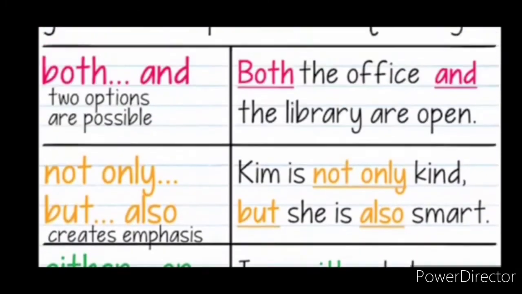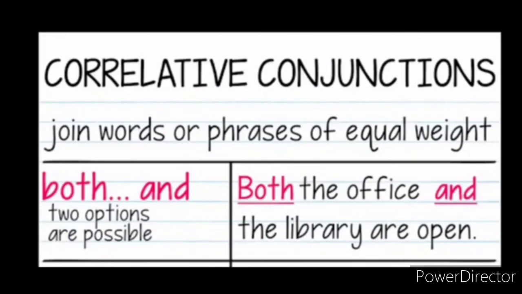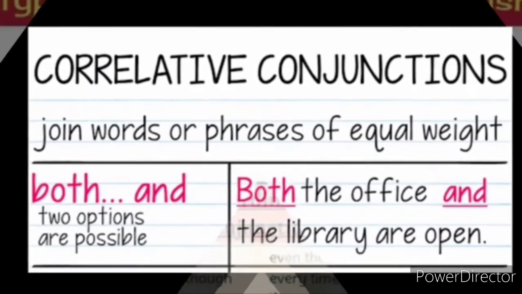Likewise, we have to use the remaining correlative conjunctions also in a sentence, to join sentences, words or phrases, giving equal importance and weight. That is known as a correlative conjunction, and it is always used in pairs.